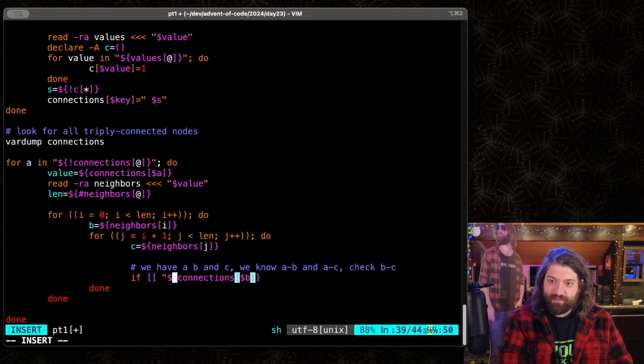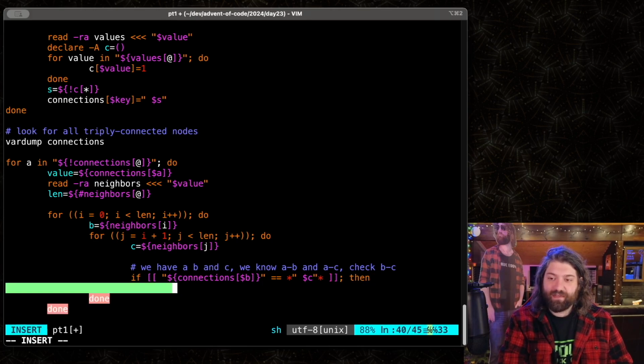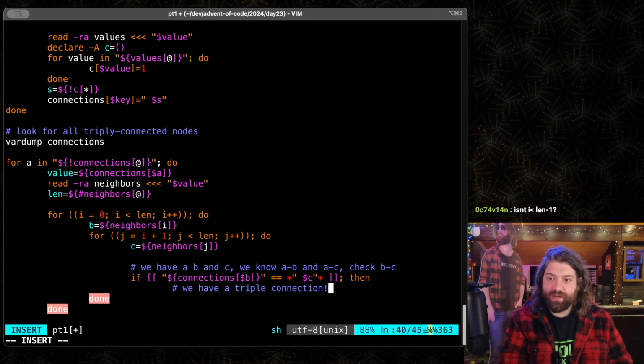If connections at B, these are all the connections that B has, we need to check if C is inside it. And the way we can do that is we can look for a space C inside it with a star here and a star here, because we don't care what comes before it or after it. So we're just going to look for that exact string match in there. If that's in there, then we have a triple connection.